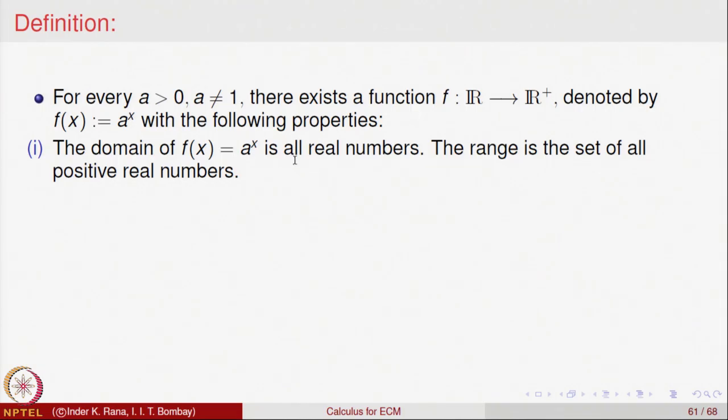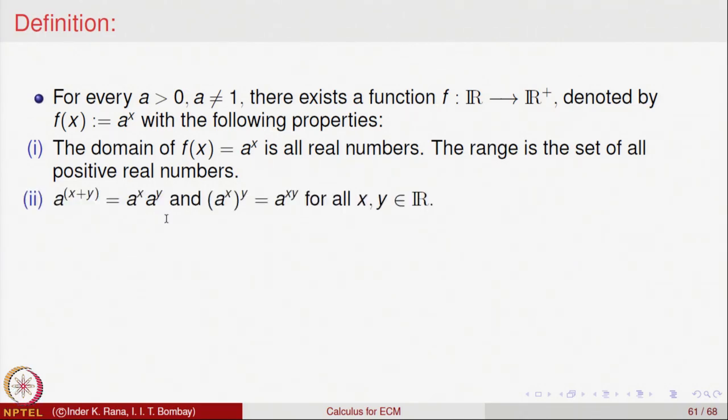If you like, you can just take it as a definition that we have a function f(x) equal to a raised to power x with the following properties: for every x, a raised to power x is defined, its domain is all real numbers, range is the set of all positive real numbers, it obeys the law of exponents, a raised to power x plus y is a raised to power x into a raised to power y, and a raised to power x, whole thing raised to power y, is equal to a raised to power xy.